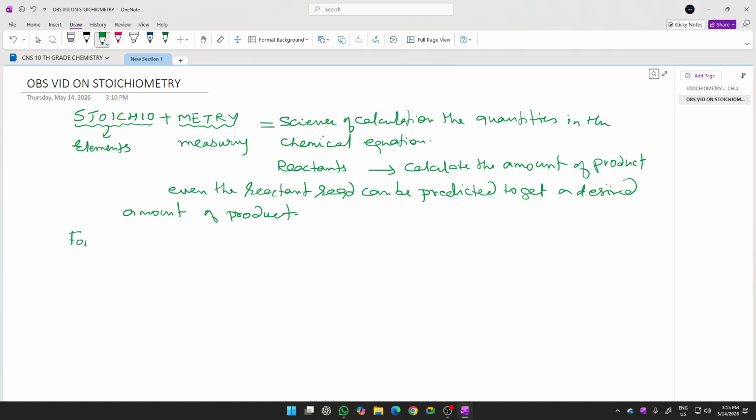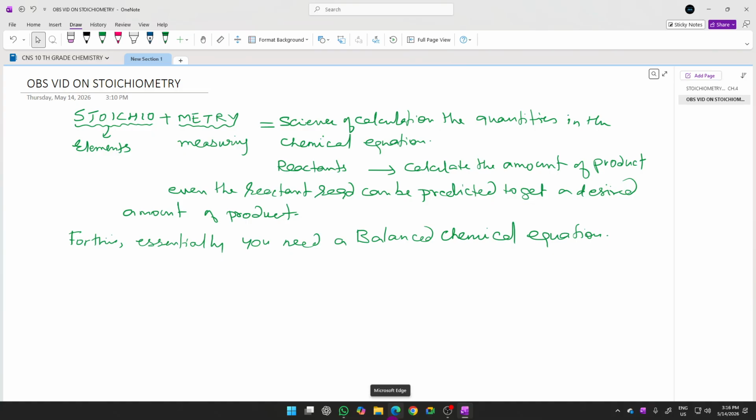And for this, what you essentially require is a balanced chemical equation. I'll give you an example for the sake of understanding.